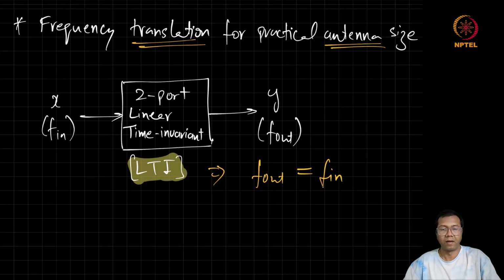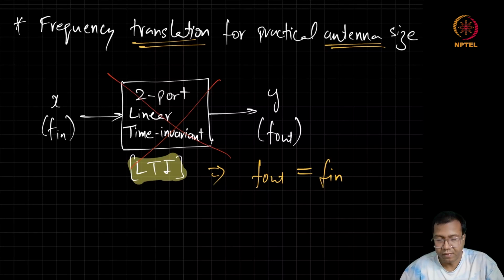So the steady state frequency of the output signal has to be equal to the steady state frequency of the input signal. This we already know from the signals and systems course. So it means that such a system or such a network is not useful for frequency translation.